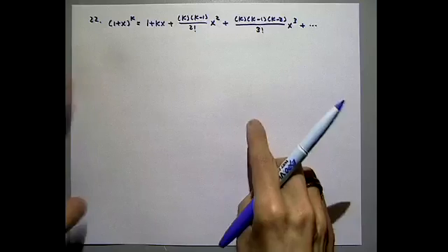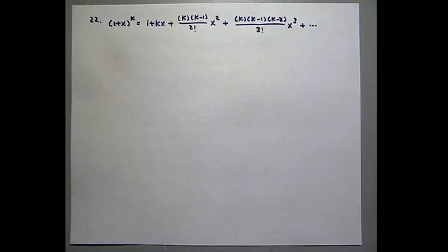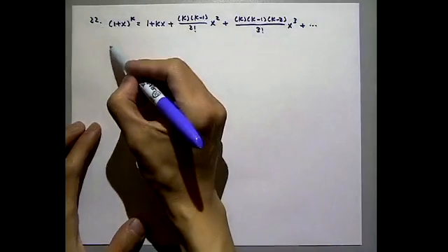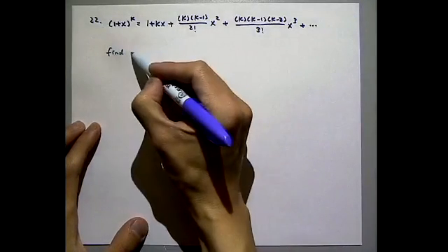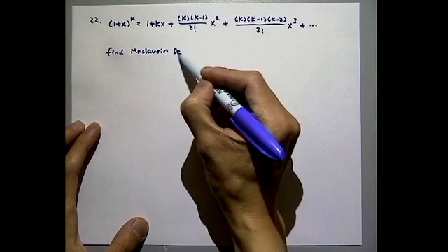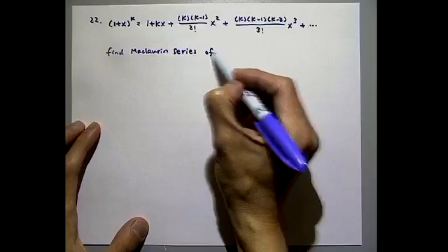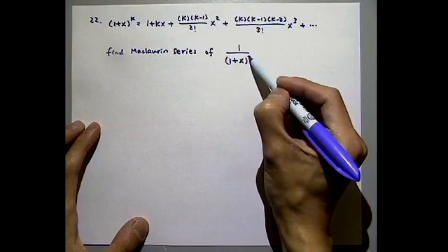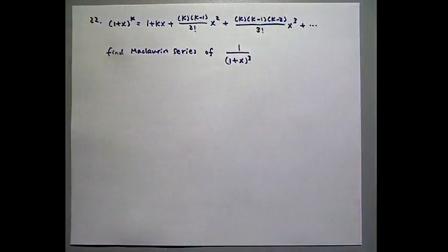Right, we'll give this stuff to you if you need that for a problem here. And we're supposed to use this to find the Maclaurin series of 1 over 1 plus x cubed.